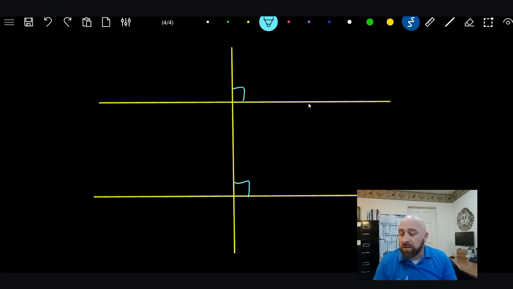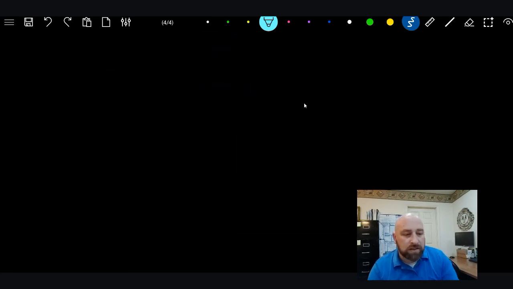And that's corollary 7.2. Corollary 7.3 says, when two straight lines are cut by a transversal, if the sum of the two interior angles on the same side of the transversal is equal to a straight angle, then the two lines are parallel. So what does that mean?